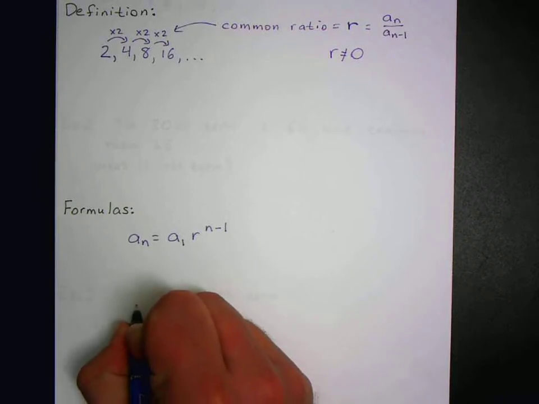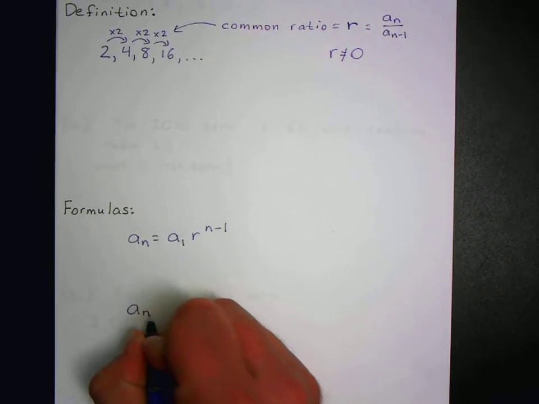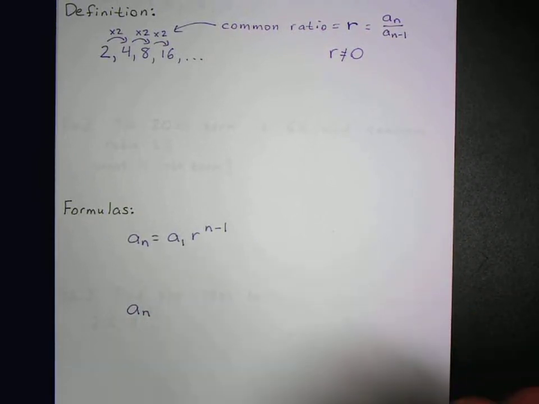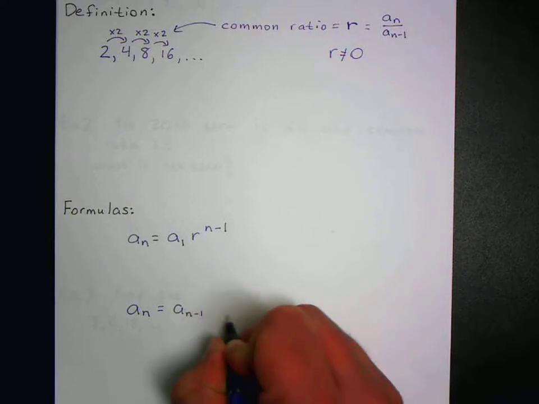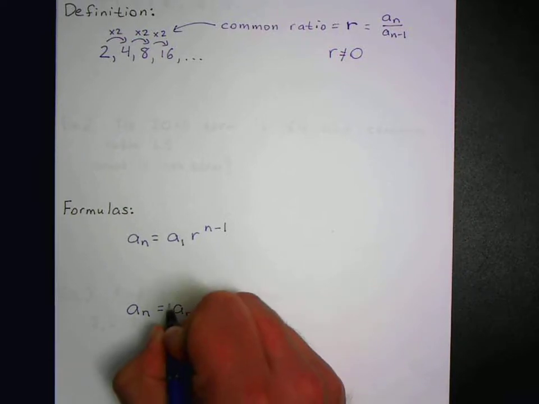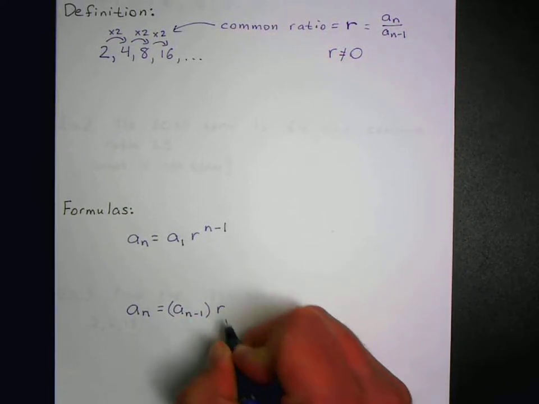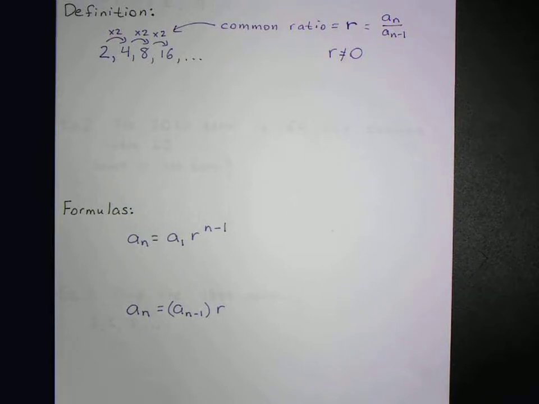Recursive formula, again, is not helpful, just like with our arithmetic sequence. The recursive formula wasn't really helpful, but we could make it. We just take the prior term times R, because that's pretty much your definition of a geometric sequence. To get to the next term, you take the term times whatever number you're multiplying by each time.